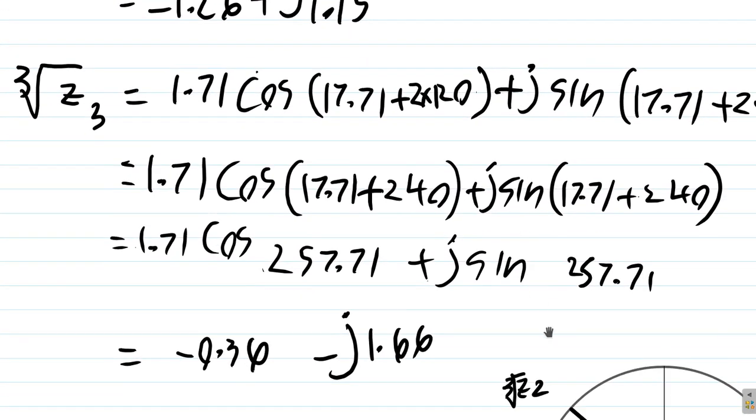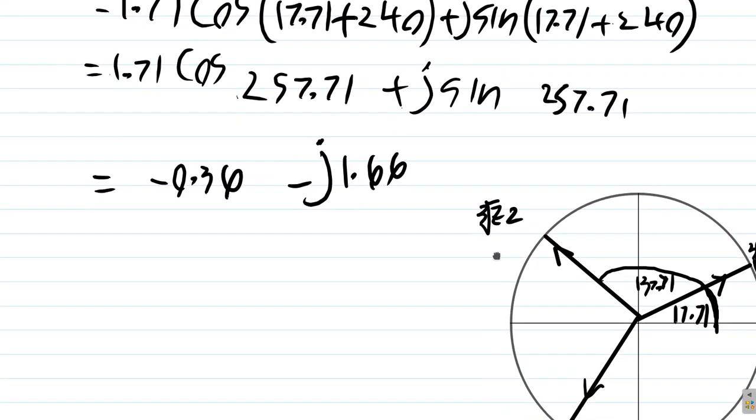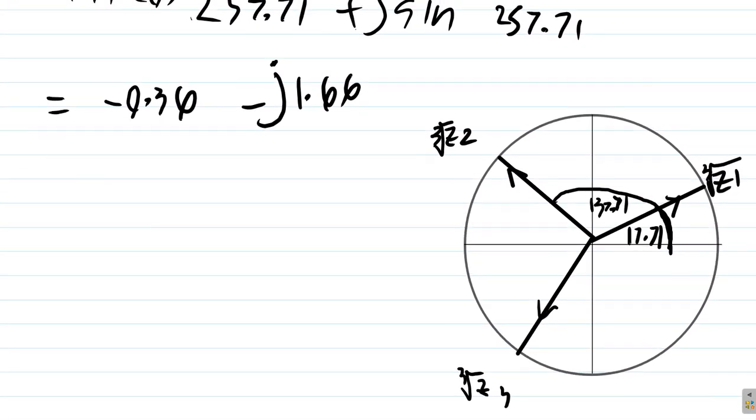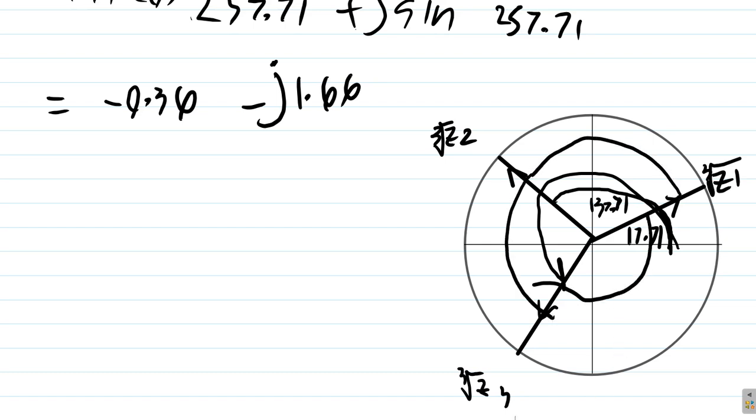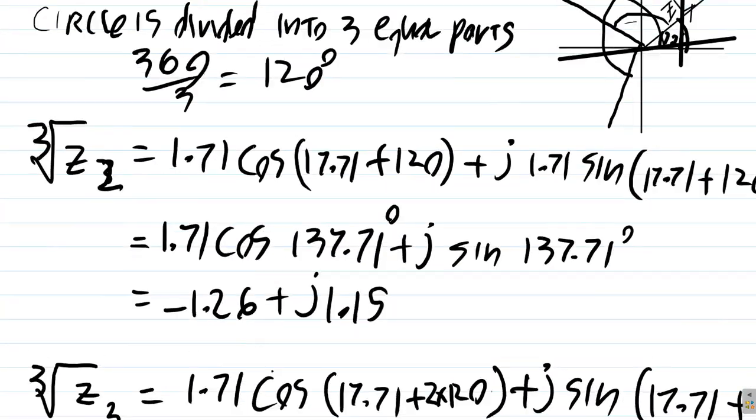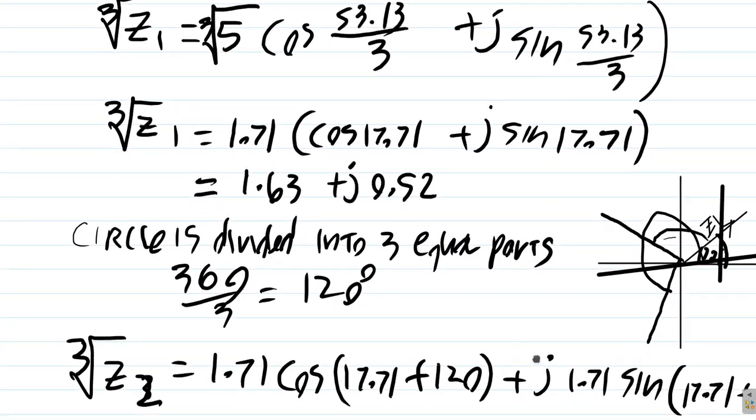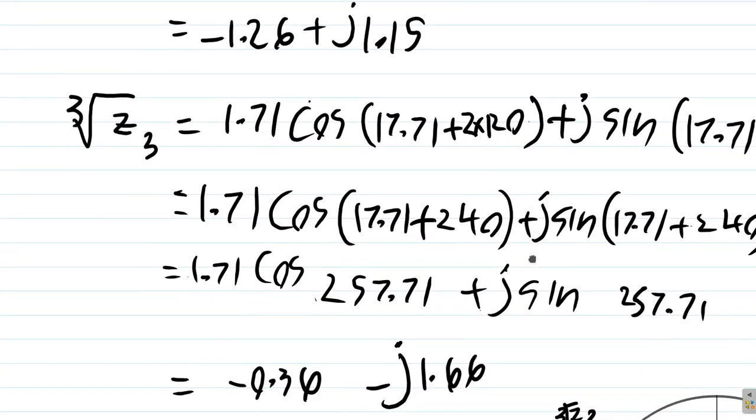And then the third cube root is to the left and down, as you see here. 0.36 to the left and down 1.66, and the angle 257 point something. So they would be separated by 120, 120, 120 degrees each. So you can see that, all right? So we have the three cube roots, and we have them in polar as well as rectangular form.